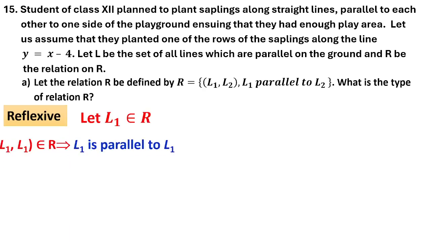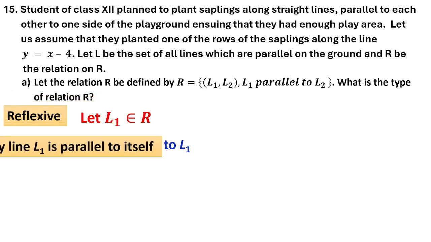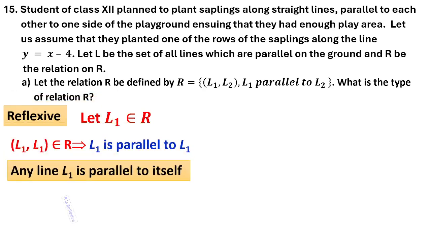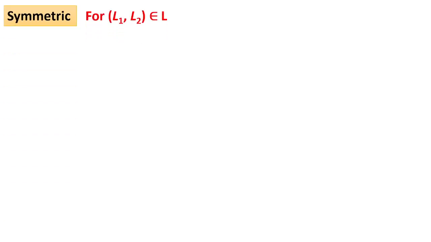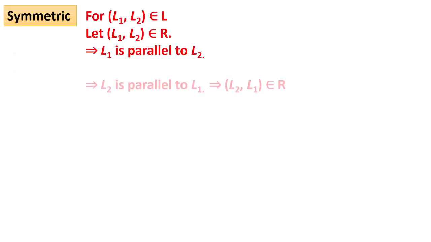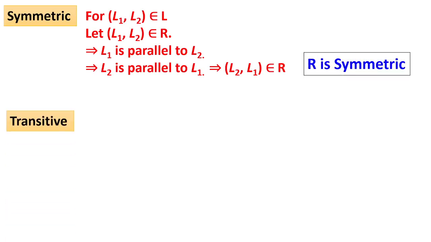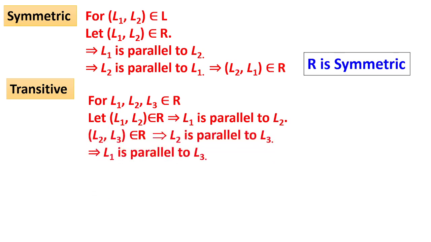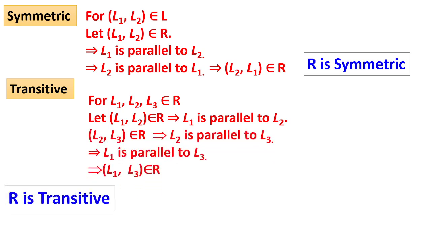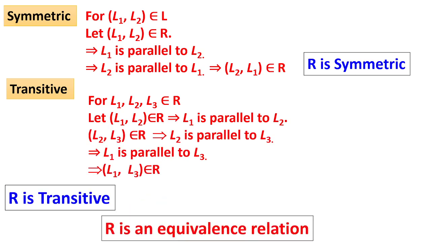Reflexive: L1 is parallel to L1, therefore it is reflexive, no issue. Go to symmetric. First is parallel to the second, therefore the second is parallel to the first, therefore it is symmetric. Transitivity: first is parallel to the second, second is parallel to the third, therefore first is parallel to the third, therefore transitive. Therefore R is an equivalence relation.